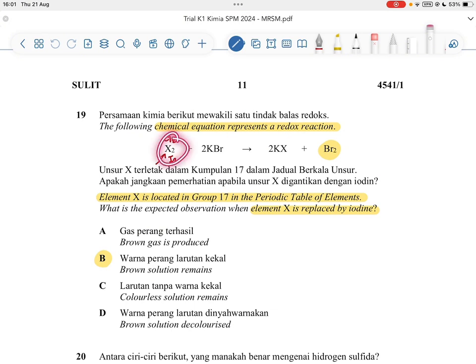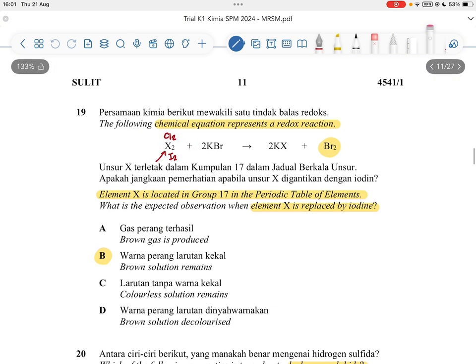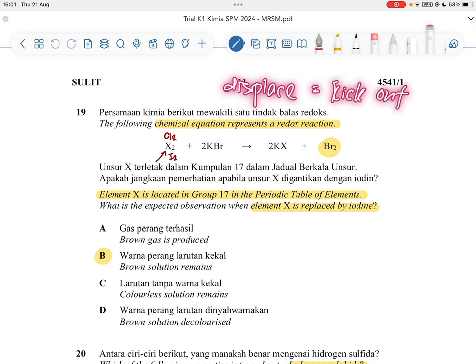So it means that this element X must be something that is able to displace the bromine. Displace is like you keep out something. So the element must be strong.